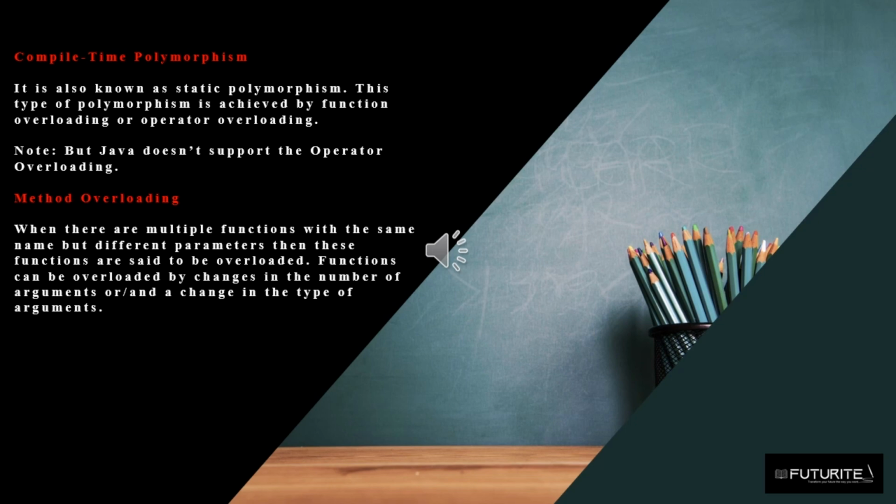Suppose we have a function 1 and a function 2. Function 1 has two parameters, param1 and param2, and function 2 has three parameters, param1, param2 and param3. The difference between these two functions is the number of parameters, correct? The function names are the same. This concept is known as method overloading.